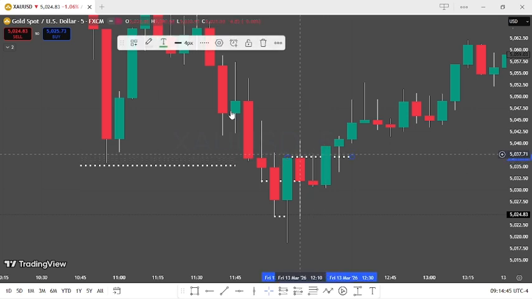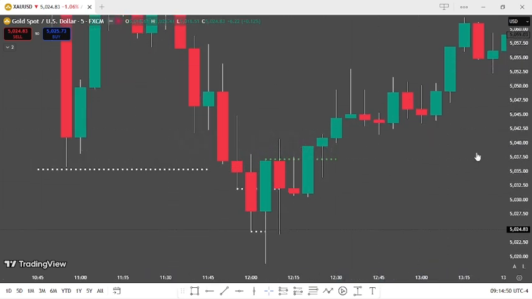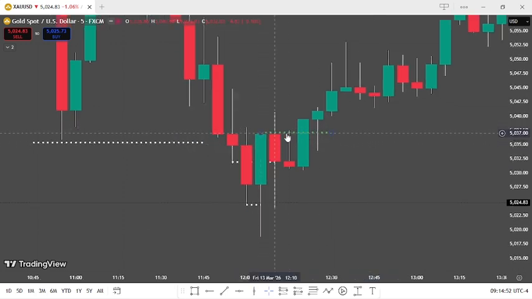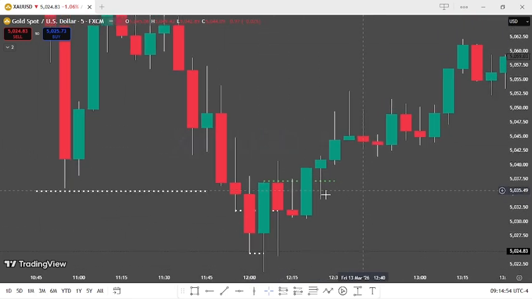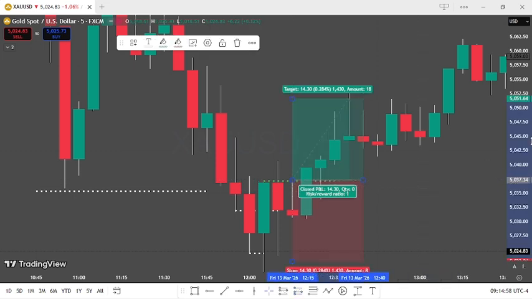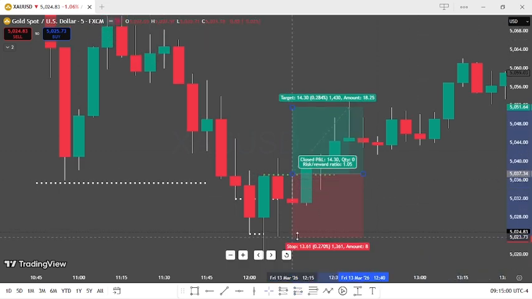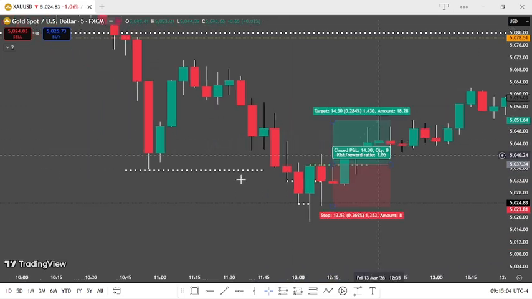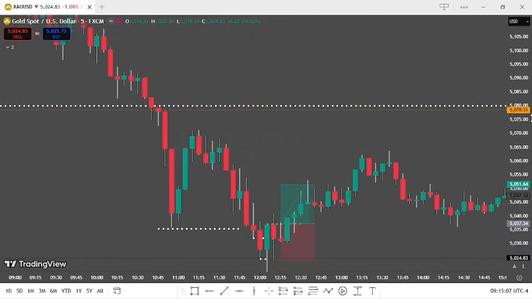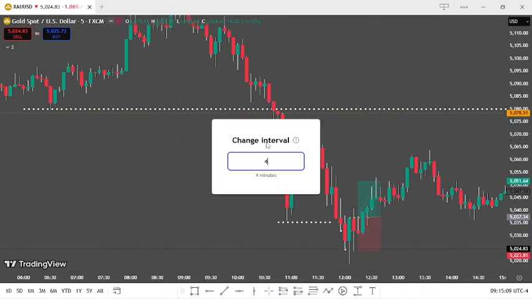I don't know if you can see this, but this green dotted line is where I made my entry for a long position, and I put my stop loss around here and targeted 50% of the range. Now, how did I get my 50% of the range?